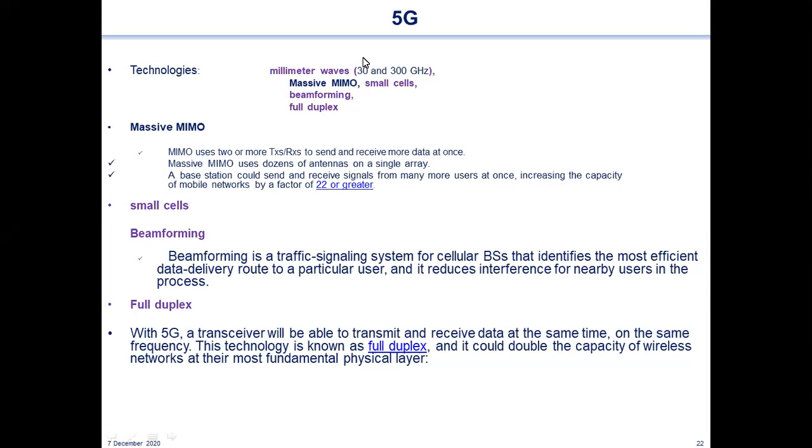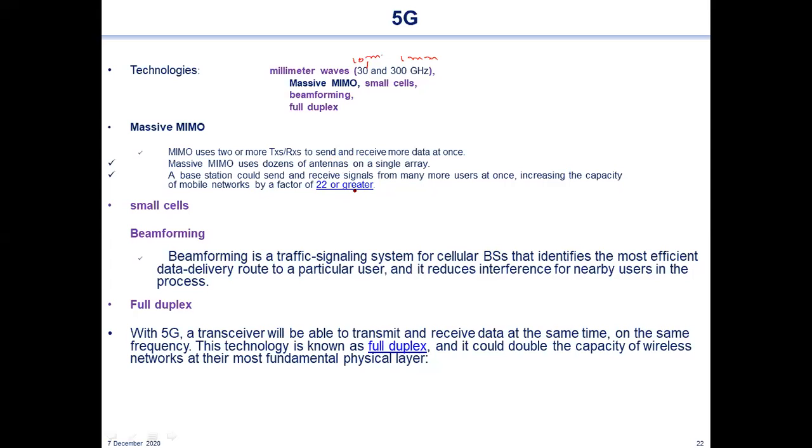The corresponding wavelength is 1 millimeter to 10 millimeters. In case of 4G, you can say 10 centimeters of wavelength.